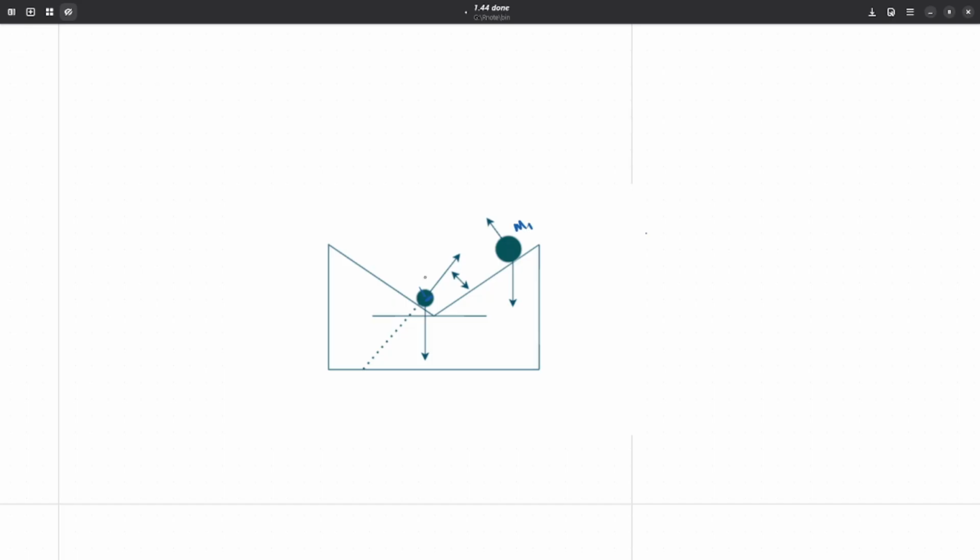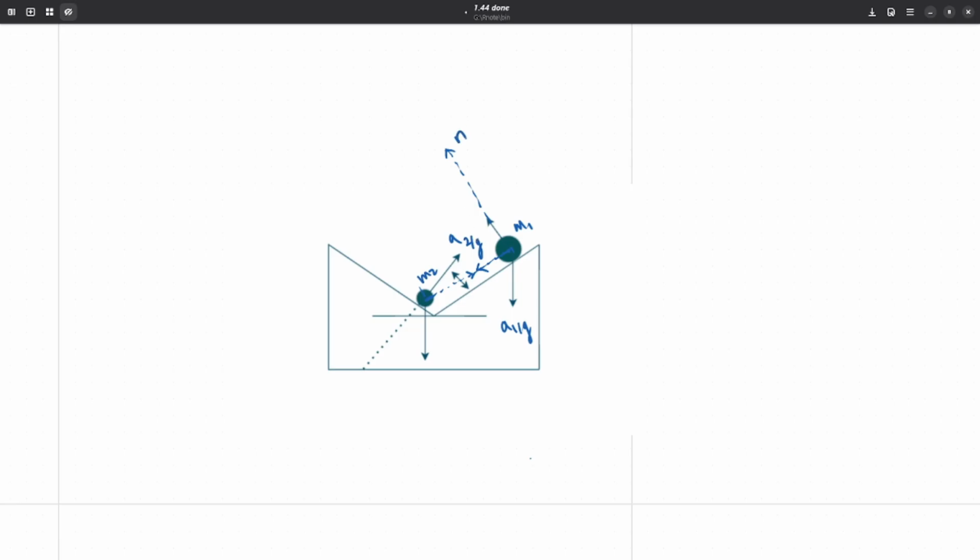This is m1 and this is m2. As we have seen in the simulation, the acceleration of mass m1 with respect to the ground is vertically downwards, which is a1g, and the acceleration of mass m2 with respect to the ground is normal to the left inclined plane, which we can write as a2g. Now, for us to find the mass relation, we must first find the direction where the relative displacement would be zero. Therefore, if we connect the bodies, the relative displacement is zero along the normal to the right inclined plane.